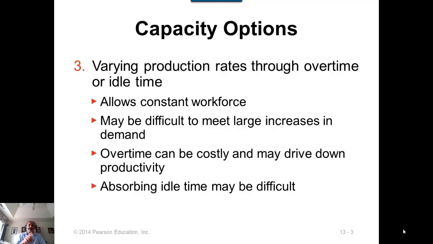But because there is idle time involved, this will increase cost. And overtime also is expensive because you're going to have to pay premium wages during overtime, and too much overtime will overwork workers, and that will result in loss of productivity as well.